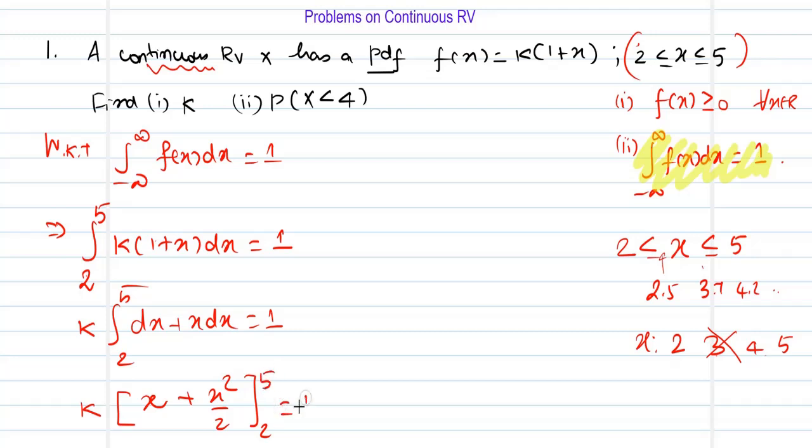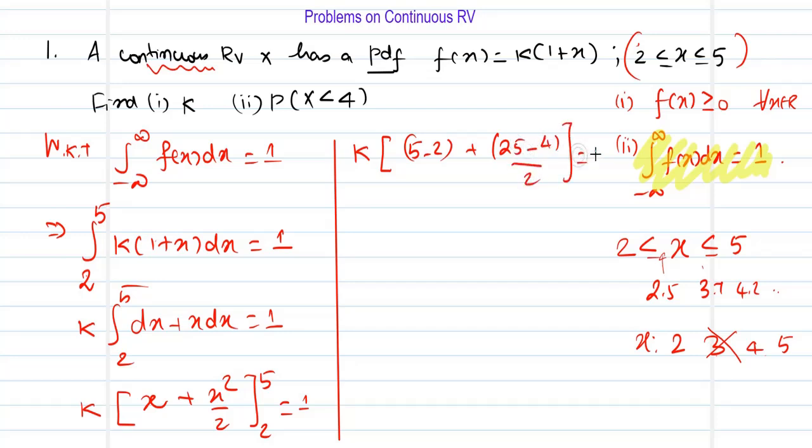So now we can just apply the upper limit minus lower limit and then solve for the value. This gives me k times upper limit minus lower limit, 5 minus 2, plus 5 square is 25 minus 2 square is 4, divided by 2, equal to 1.